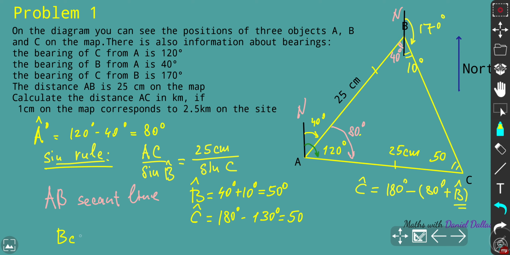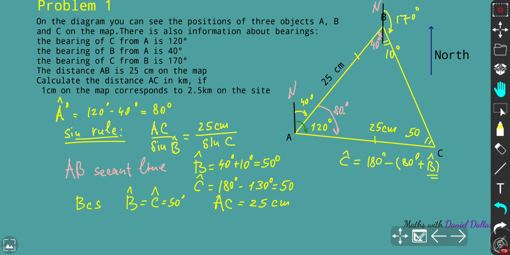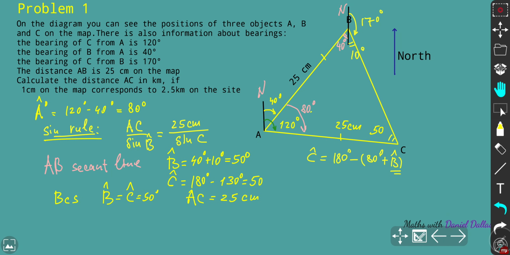So we can actually skip the sine rule and instead use an isosceles triangle. Because angle B equals angle C, we have an isosceles triangle, and that means lateral sides are going to be the same. So that's why we can immediately figure out AC as 25 centimeters. But if you want to see how the sine rule can be applied, you simply plug those values inside.